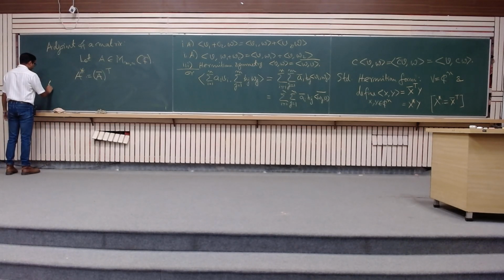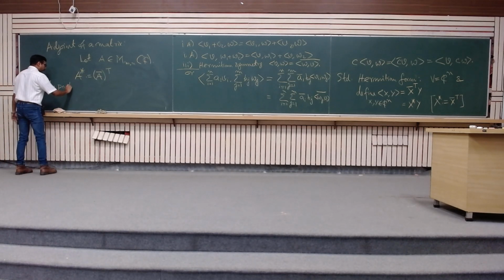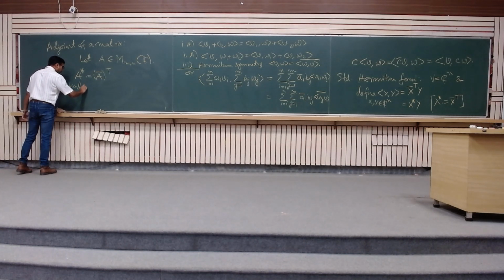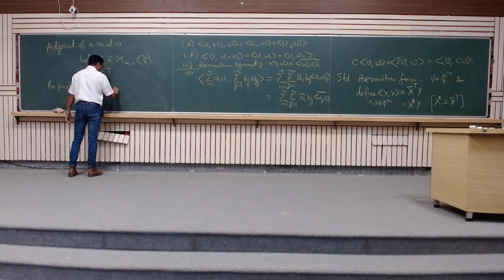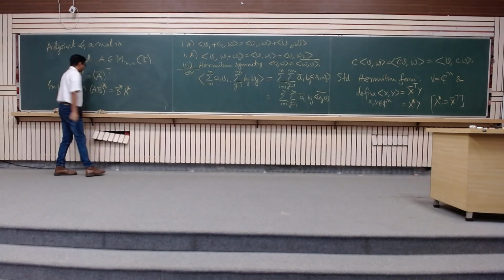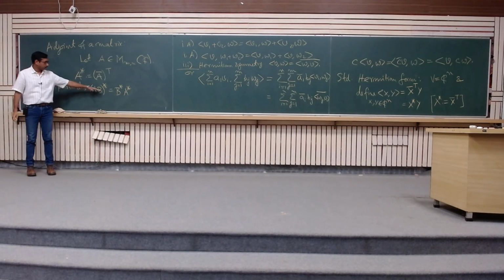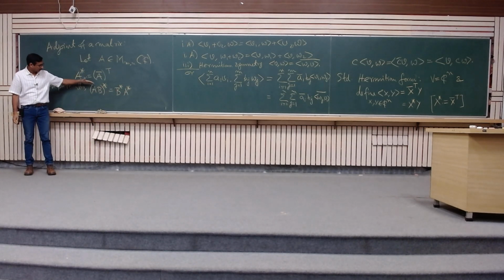In particular, we have (AB) star is equal to B star A star. Because when you take bar, it's A bar B bar, and then you take the transpose, and you know that (AB) transpose is B transpose A transpose.